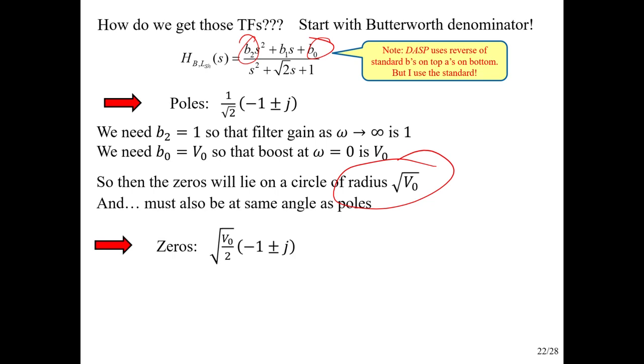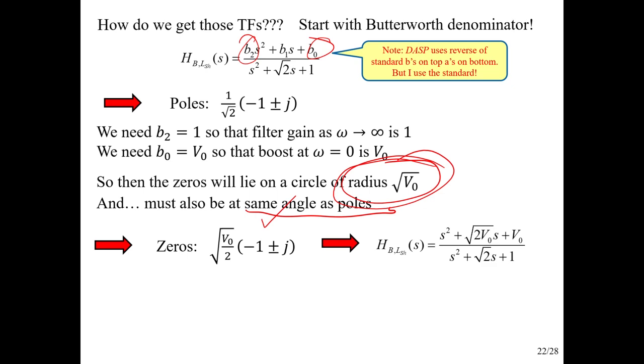We know that, and from that we can deduce that the zeros have to be at the same angle as the poles with that radius, and therefore those are the locations of the zeros. And putting all that together, we can deduce that the structure looks like that.